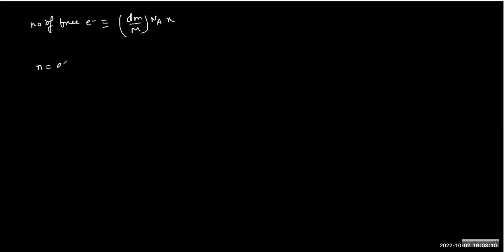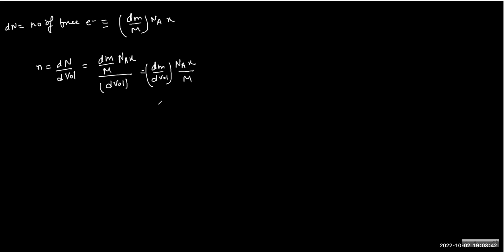So n is defined as the number of free electrons per unit volume. Therefore this will become dm by A into N into X by dV, which we can write as mass upon volume into Avogadro number into valency upon molar mass.